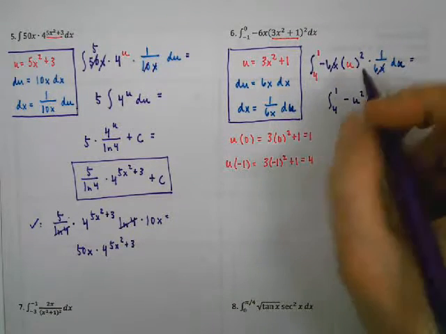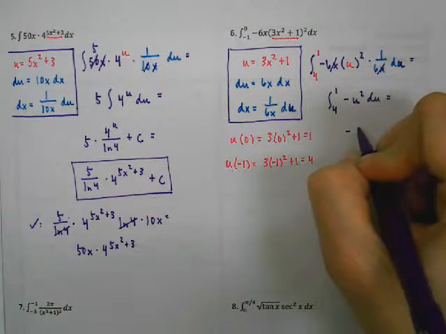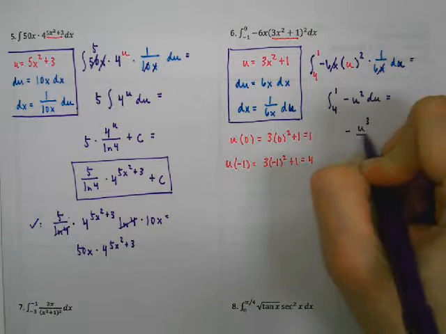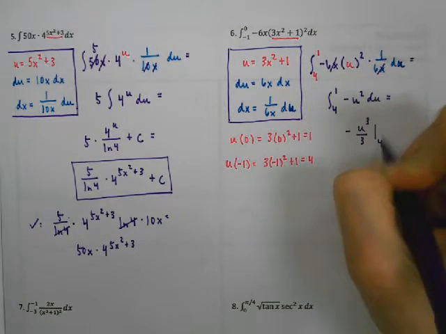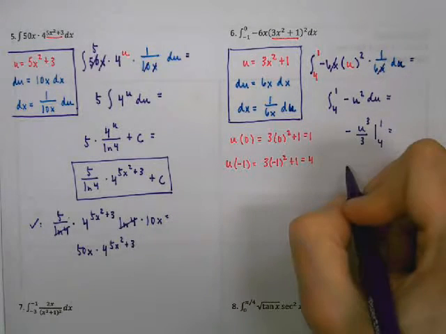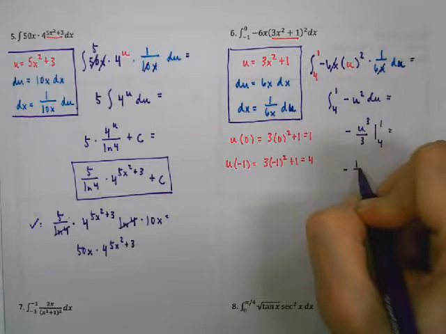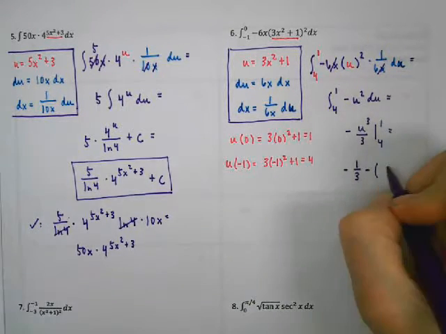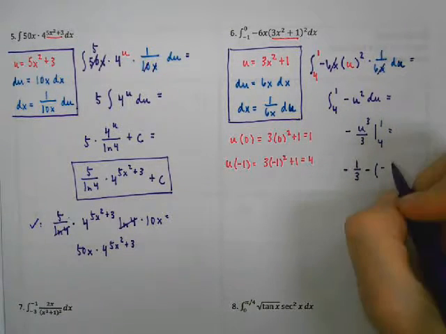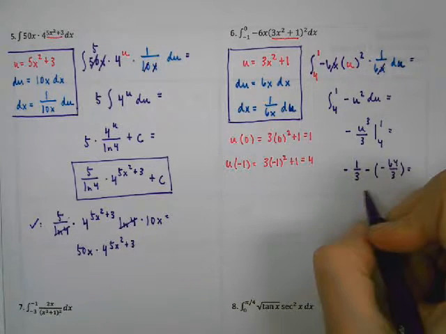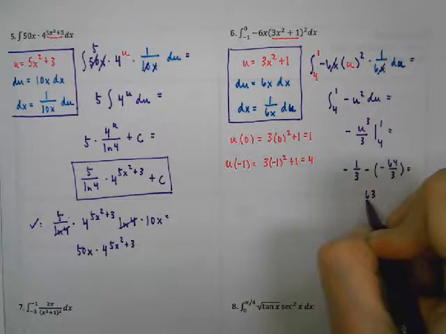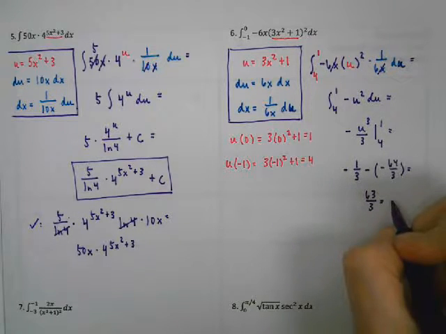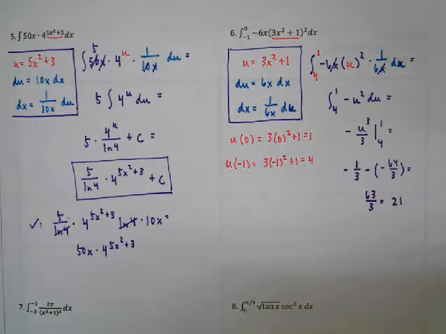So my antiderivative is negative u to the third over 3 from 4 to 1. So I get negative 1/3 minus, let's see, negative 64 over 3. And so I'm going to get 63 over 3, or 21.